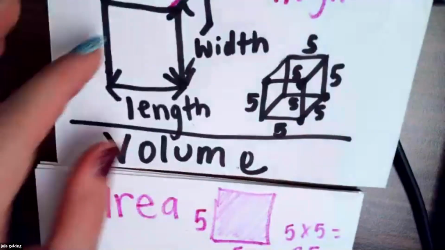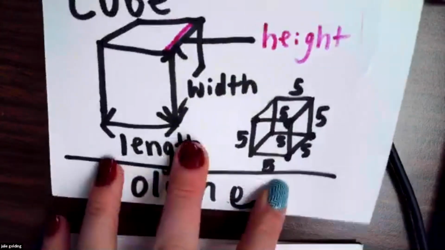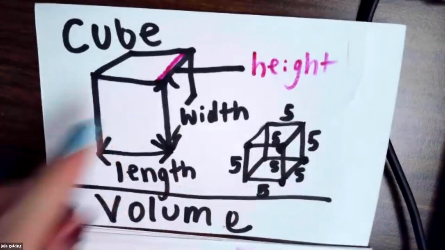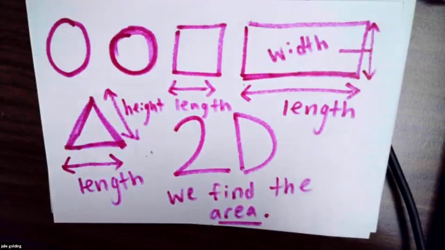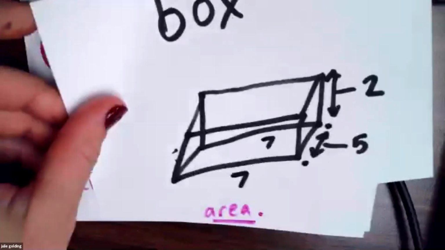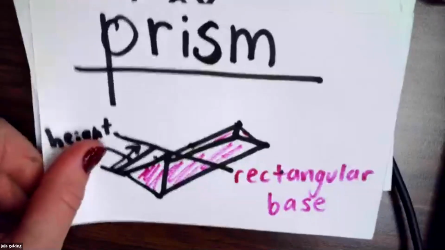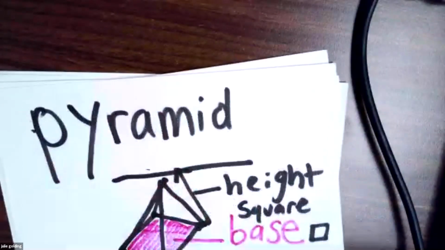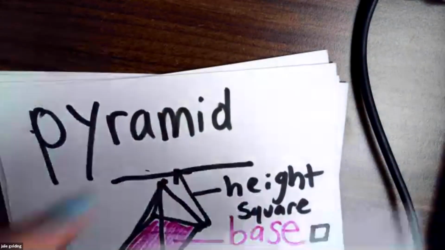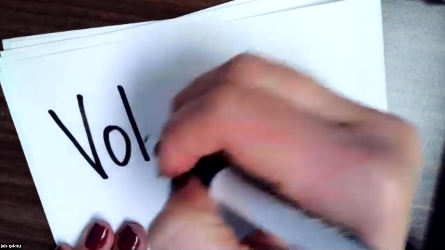So to find the measurements for a cube, box, prism, and pyramid, we find the volume.